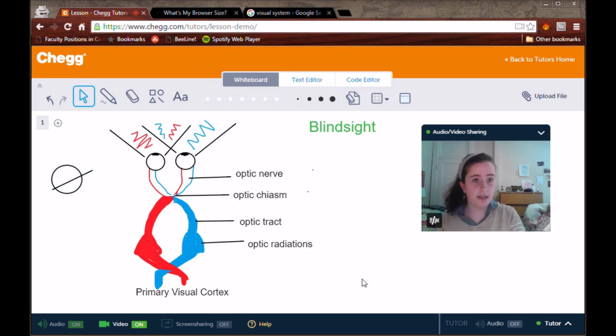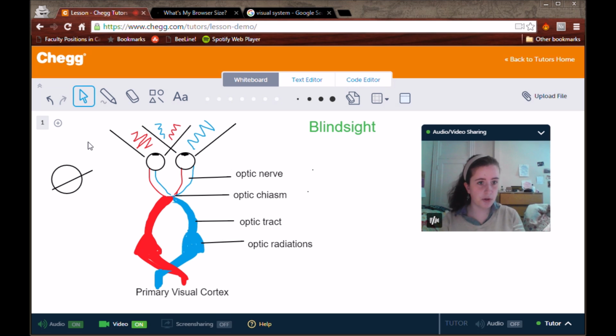But more importantly, if we're talking about blindsight, then the error or the lesion is not here in the nerve, it's not in the optic chiasm or the optic tract or radiations, it's all the way back here in the primary visual cortex. So if you have a lesion in your left primary visual cortex, you will lose information from the right side of the body. And if you have a lesion in the right visual cortex, you will lose information from the left side of the body.